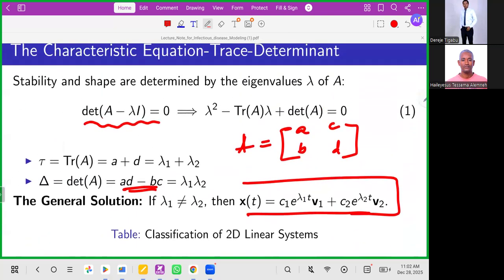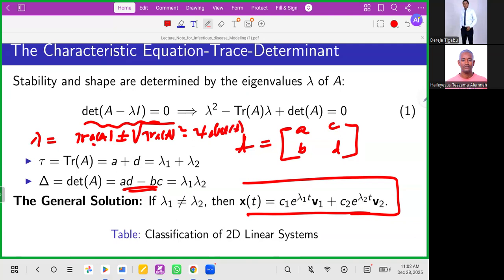When finding the roots, lambda 1, lambda 2 equals trace of A plus or minus the square root of trace A squared minus 4 times the determinant of A, over 2.